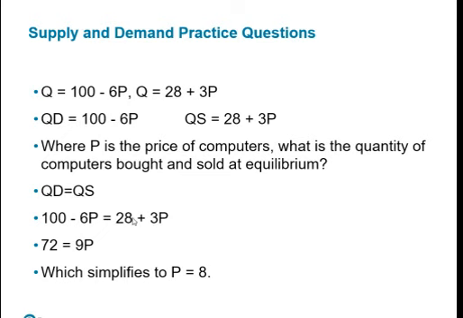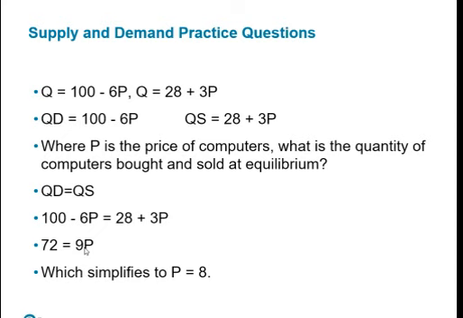When we transfer this 28 to the left-hand side of the equation, it becomes negative, and when we subtract 28 from 100, the remainder is 72. When we transfer the minus 6P to the other side, the sign becomes positive, and 3P plus 6P becomes 9P.